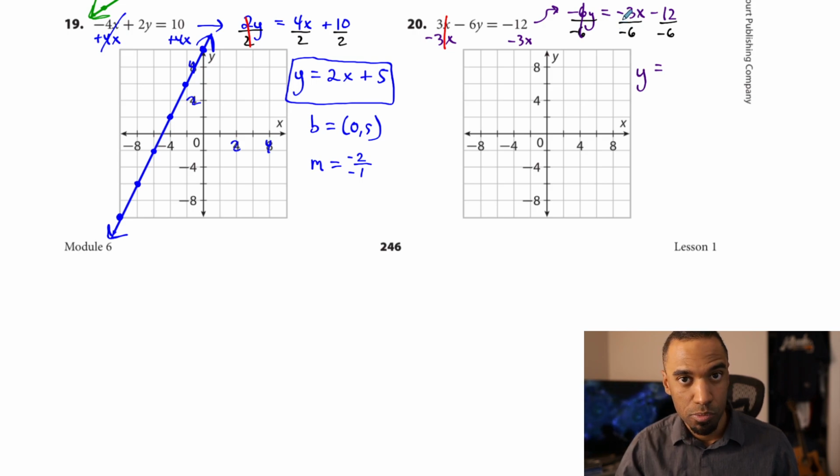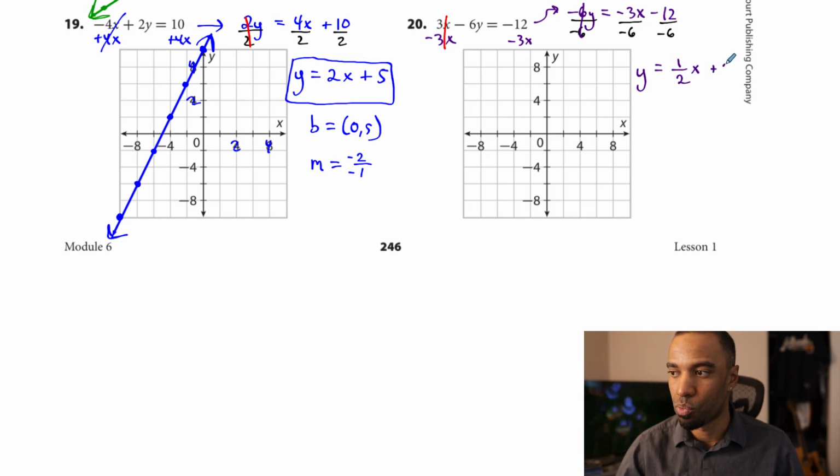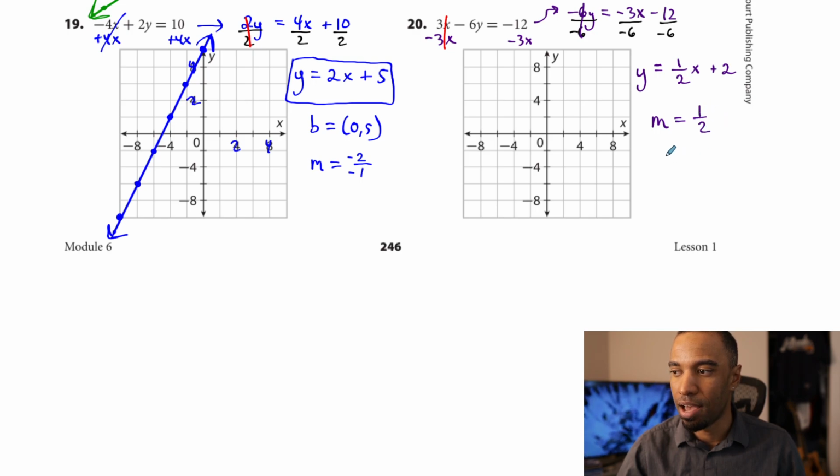Negative 3 over negative 6 is positive, and I'm going to reduce 3 over 6 to 1 over 2. Yes, you do reduce your fractions here when you can. Divide top by 3, bottom by 3. I get 1 over 2. Negative 12 divided by negative 6 is positive 2, so y equals 1/2 x plus 2 is my y equals mx plus b slope-intercept form, or my slope is my rise over run, 1/2, and my y-intercept is at 0, 2.